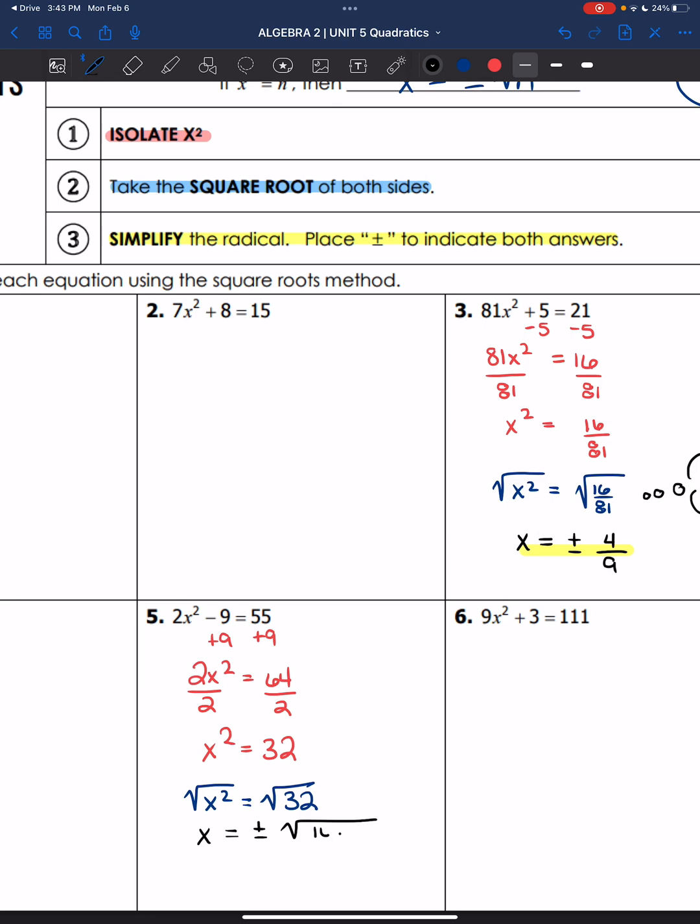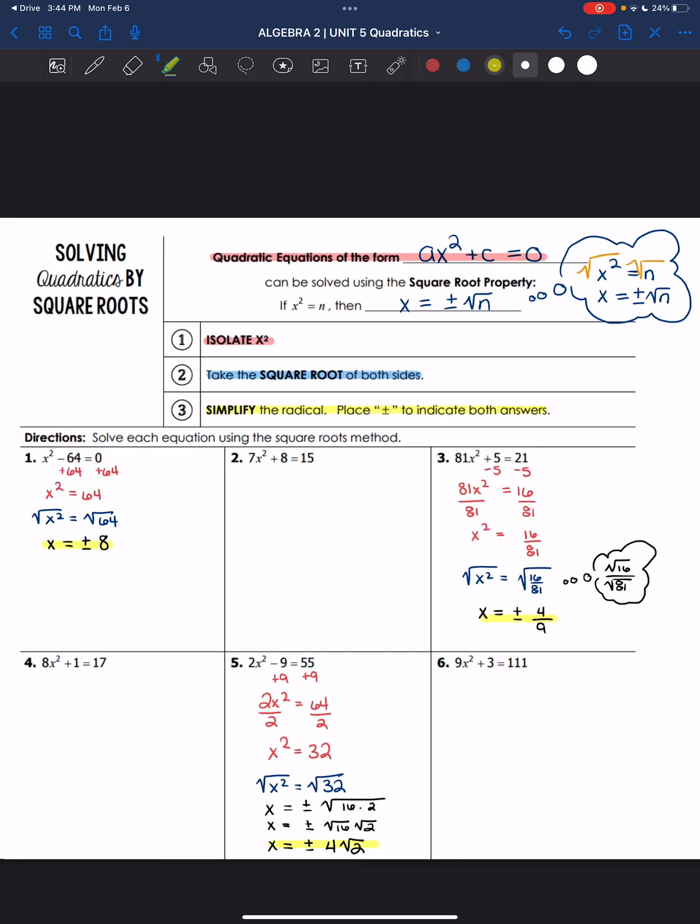It is 16 and 2. So x is equal to both positive and negative square root of 16 times square root of 2, which simplifies to positive negative 4 square root 2. And that, ladies and gentlemen, is our final answer.